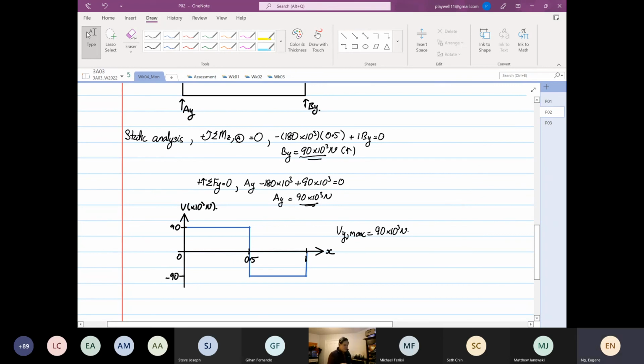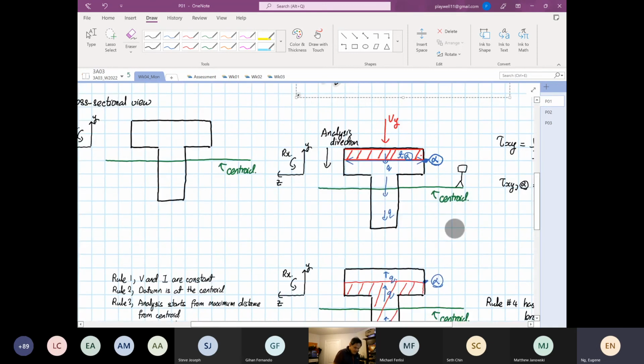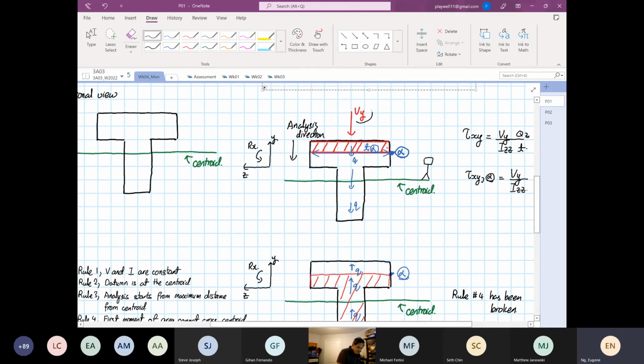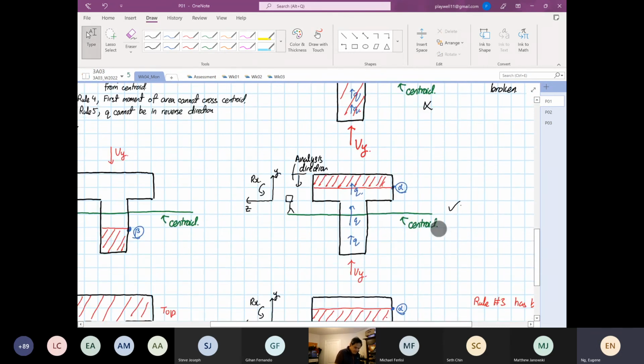And some of you might say, Eugene, what if I take the maximum negative, like minus 90? Your answer will still be the same. I showed you before, whether you take positive 90, which means it's coming from the top, or negative 90 if it's coming from the bottom.